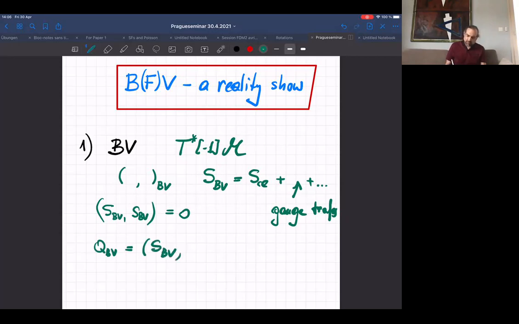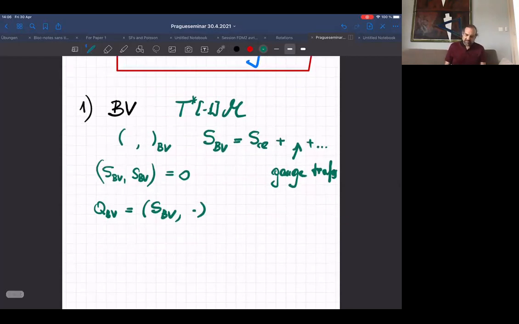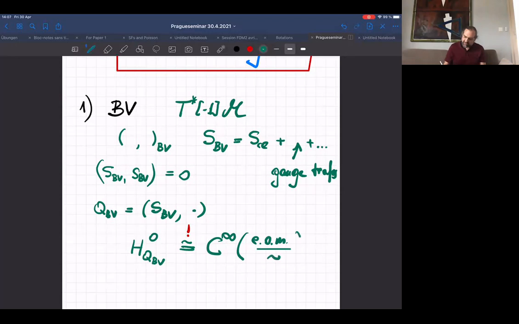And one of the main criteria for this to be a valid BV formulation is that its cohomology, Q_BV at degree 0, should be isomorphic to the functions on the classical equations of motion, modulo gauge symmetries.